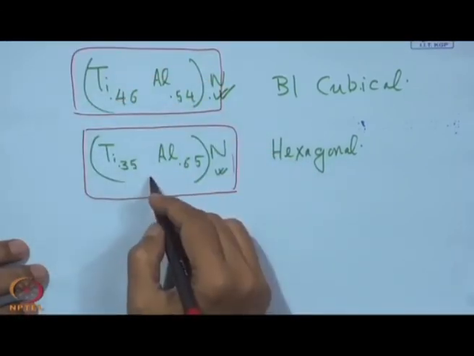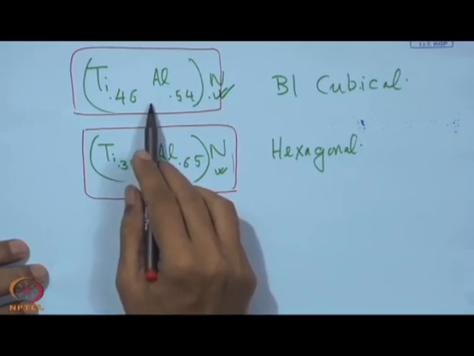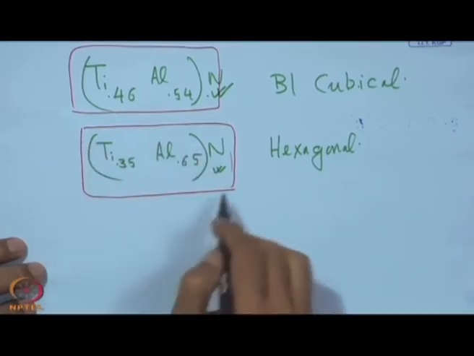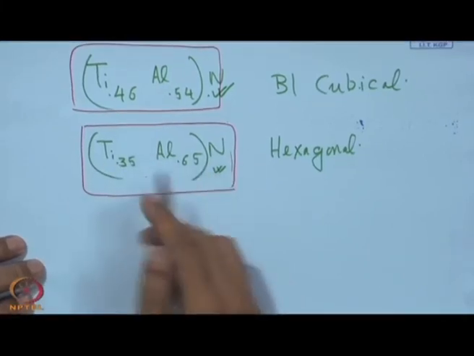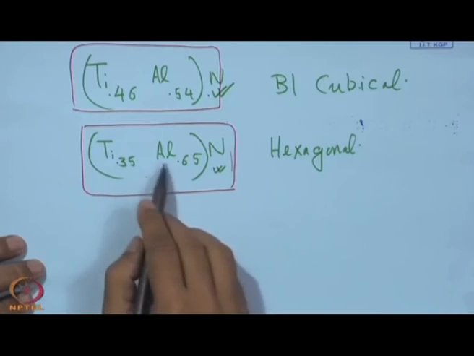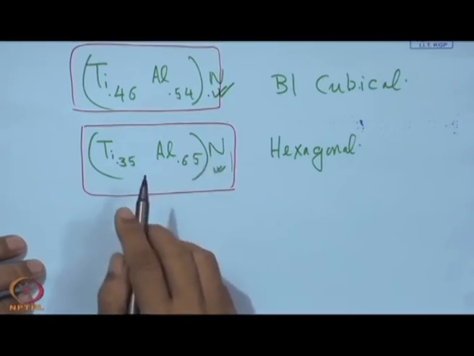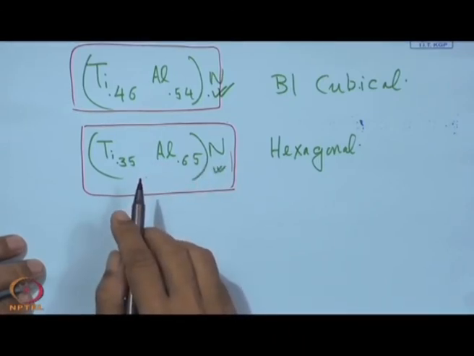That means it is metastable compared to this one, but we can keep this without any change, and we can keep this proportion of titanium and aluminum with nitrogen by high ionization sputtering or by high ionization pulsing.